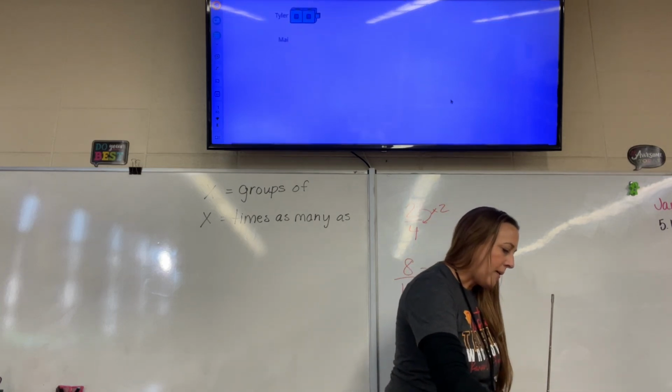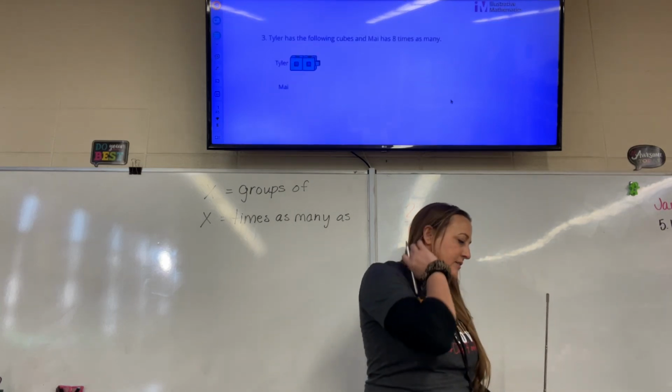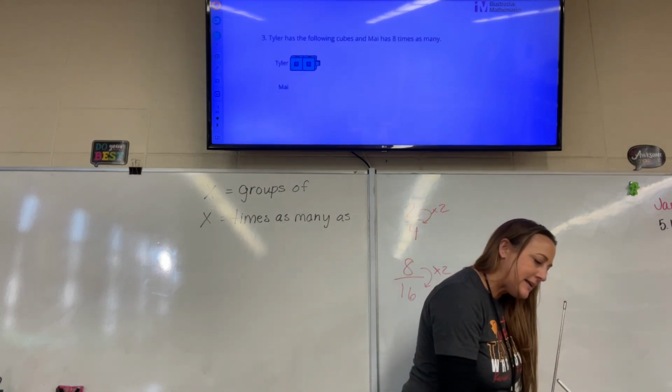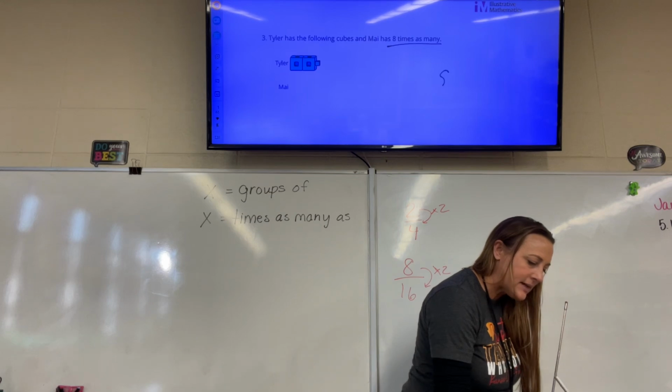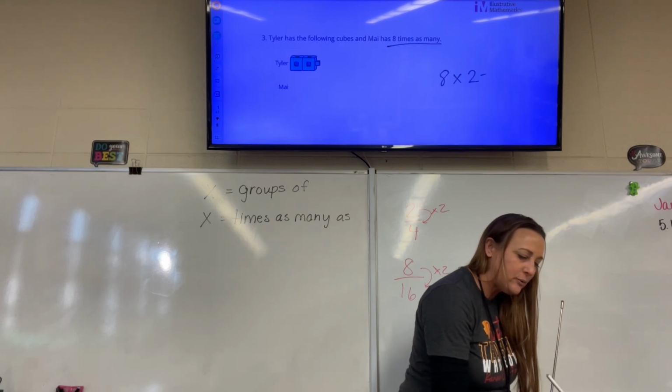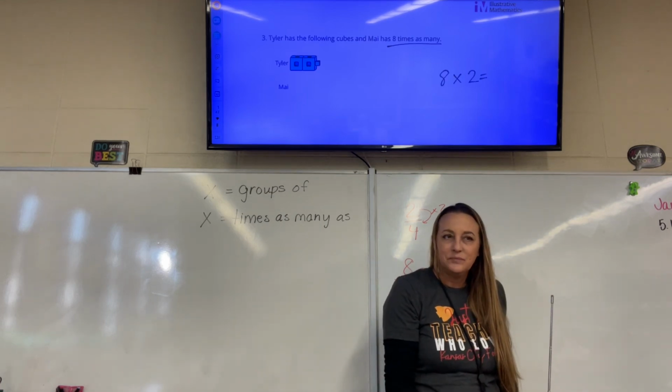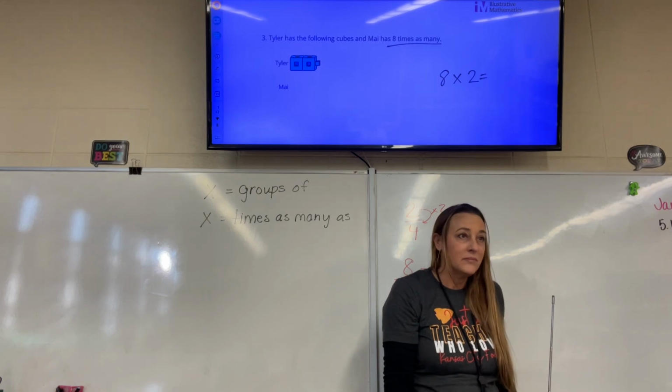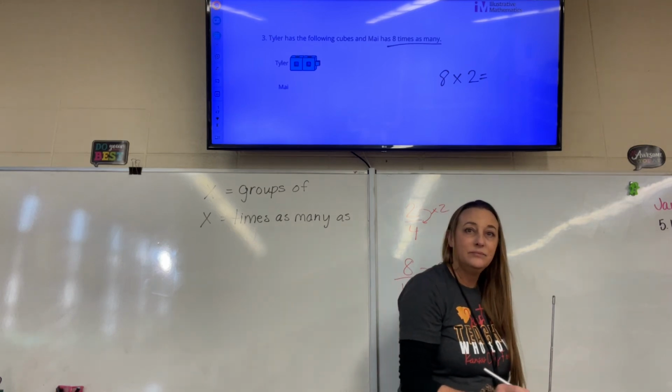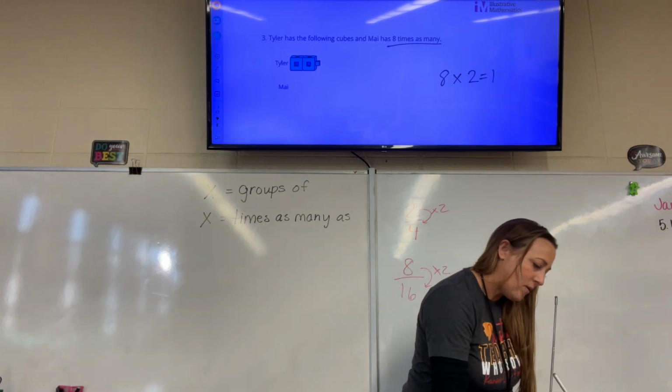Okay. Next we have Tyler has the following cubes. Mai has 8 times as many. So 8 times as many as 2 equals what? Haziel? Yep, 16.